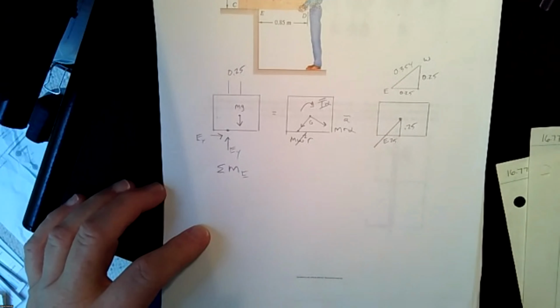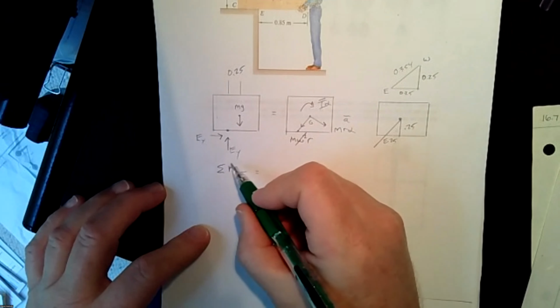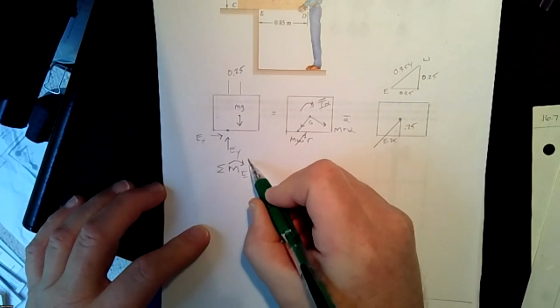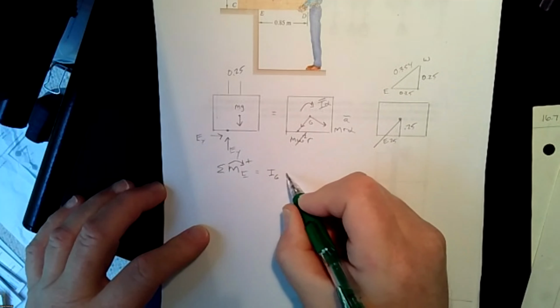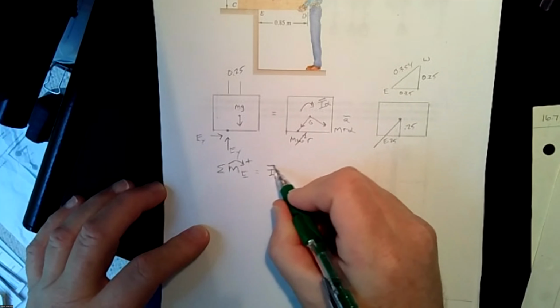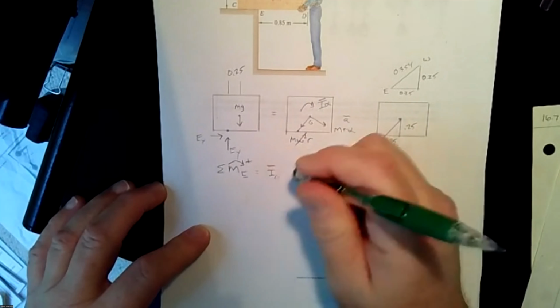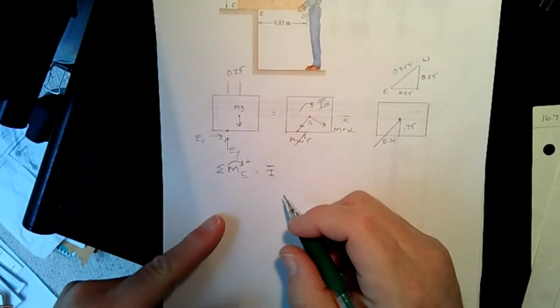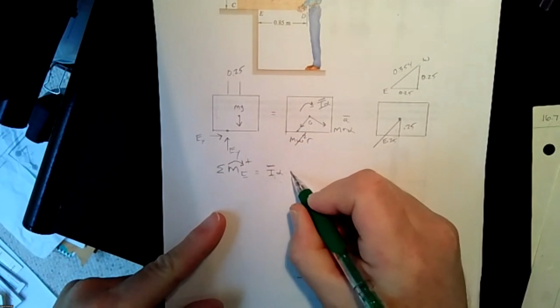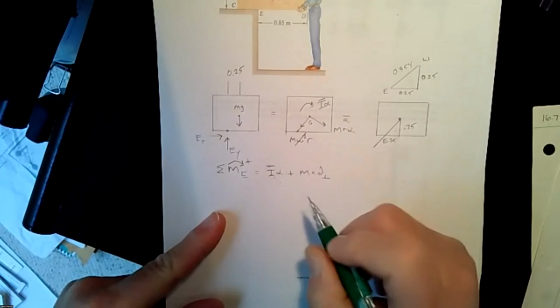And also because we're summing the moments about E, I'm going to make clockwise positive in this case. So it's going to be the center of gravity, I_G, or commonly that same thing. So I could put I_G or I can just put I bar. That means the moment of inertia about the centroid times alpha plus my m a d perpendicular.